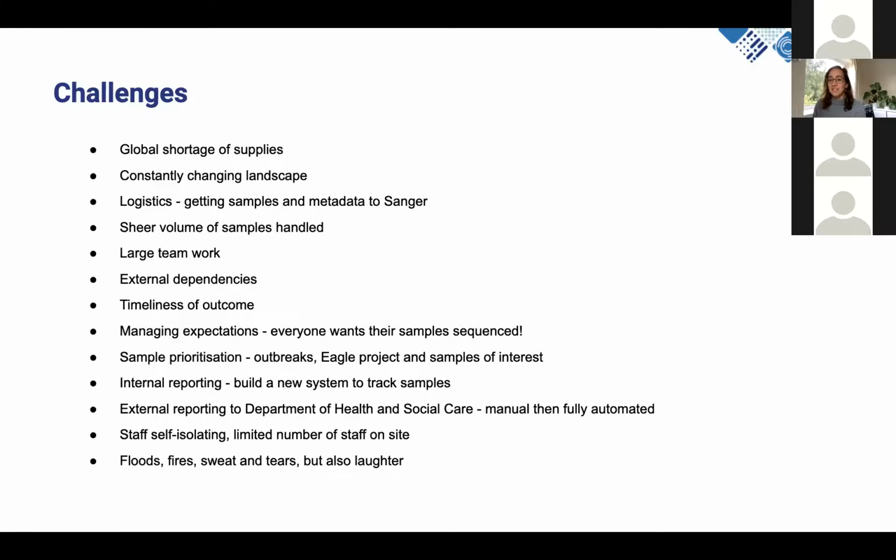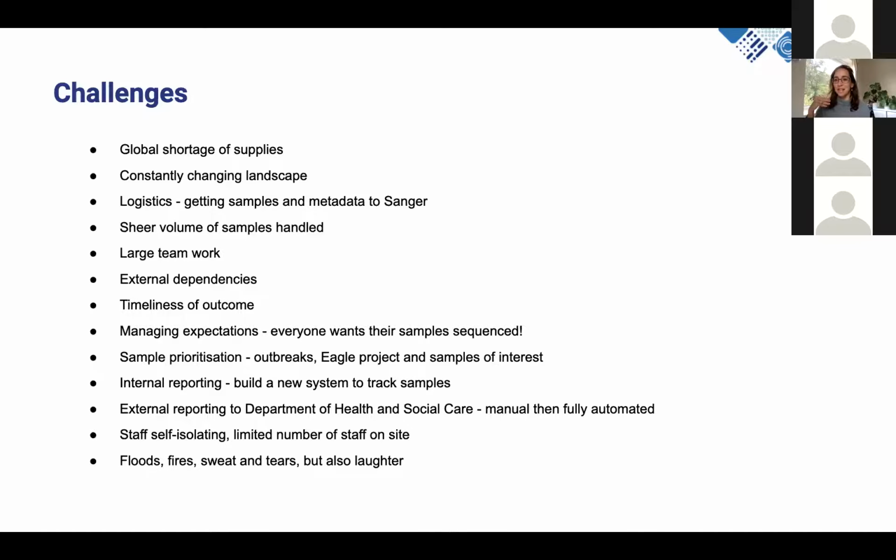Another challenge is the sheer volume of samples handled. There was one month, July, that we received 181,000 samples. And it was very challenging. Even for other labs that don't receive that many samples, there will always be requests to receive more.